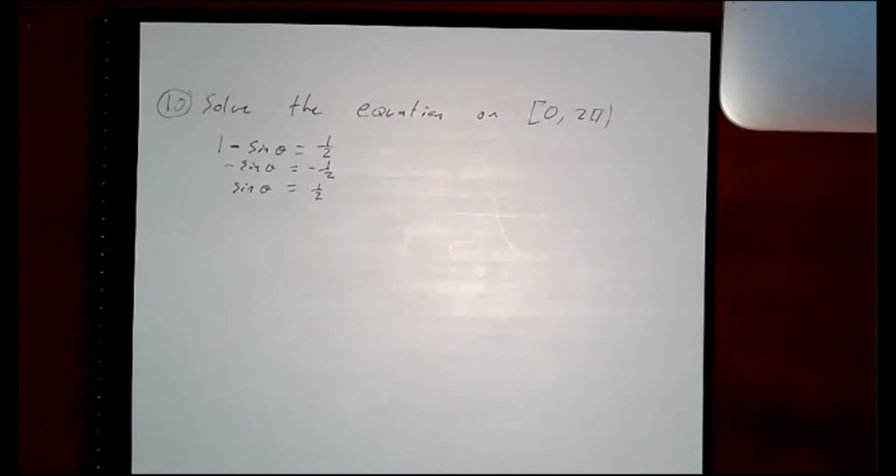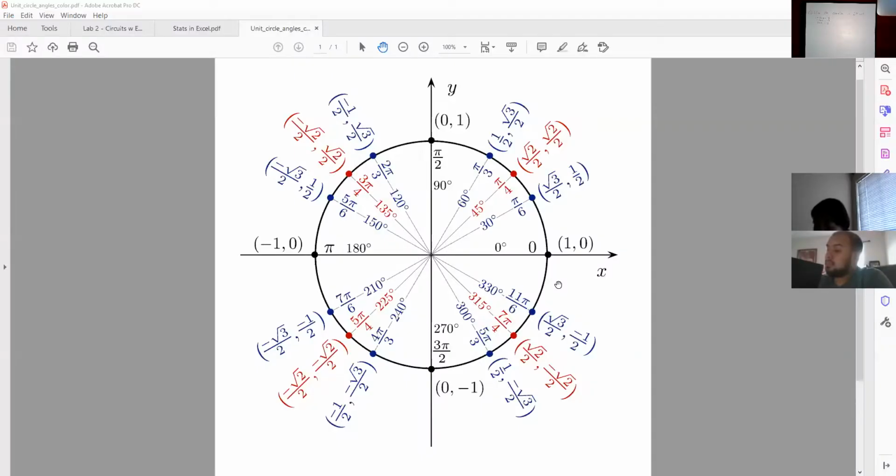So if we do this in degrees, just to get a sense of this, sine theta is equal to 1/2 at pi over 6, or 30 degrees, and 5 pi over 6, or 150.